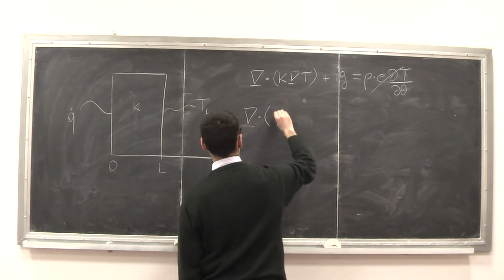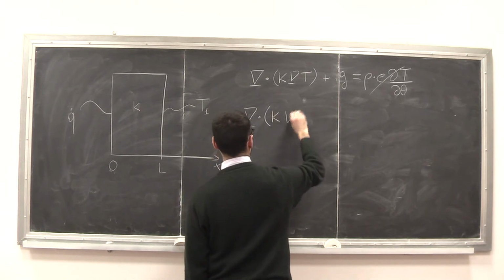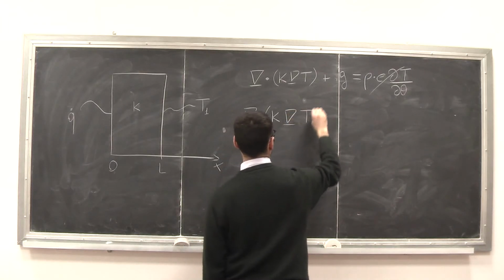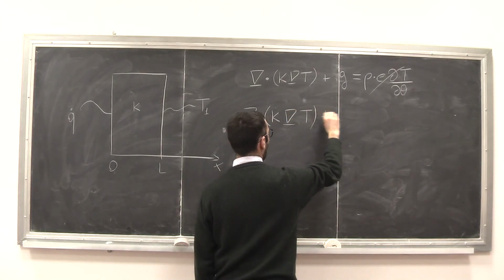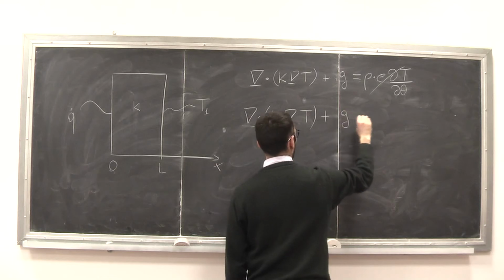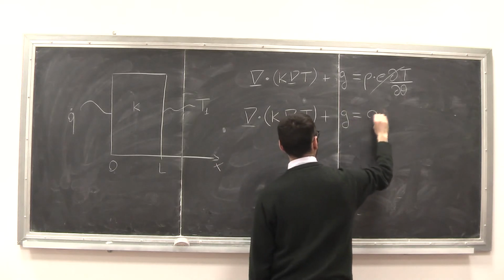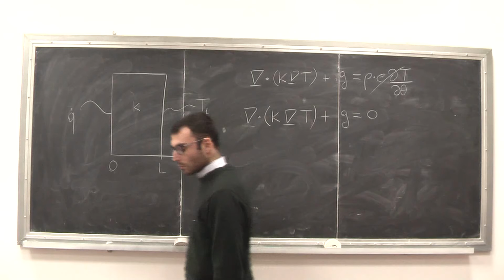Nabla scalar thermal conductivity times gradient of temperature plus volumetric heat generation equal to 0.